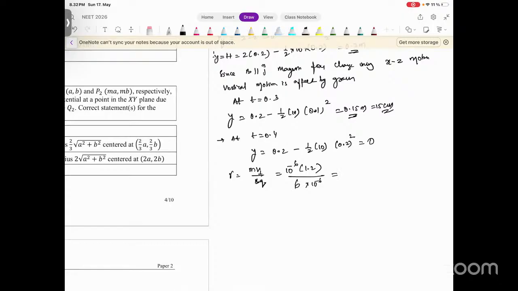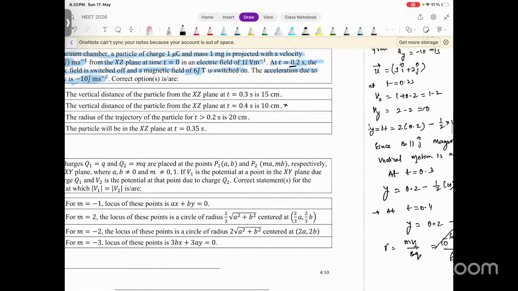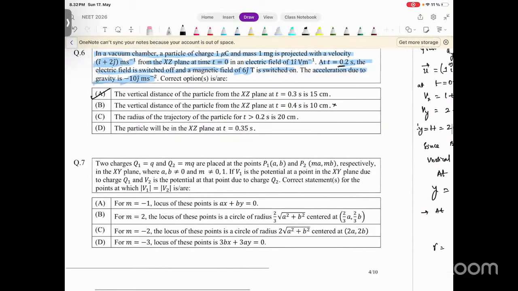So if I simplify this, this will get cancelled, this will get cancelled, 1.2 divided by 6, it is 0.2 meters. So I'm getting this one as 0.2 meters. That means 20 centimeters. So C is true.